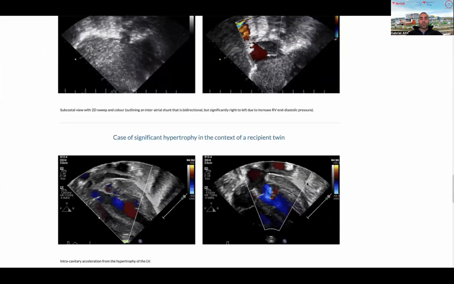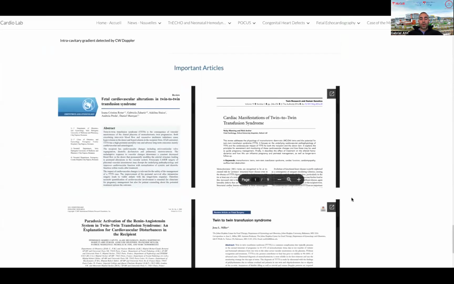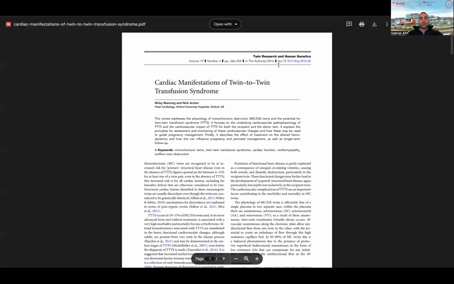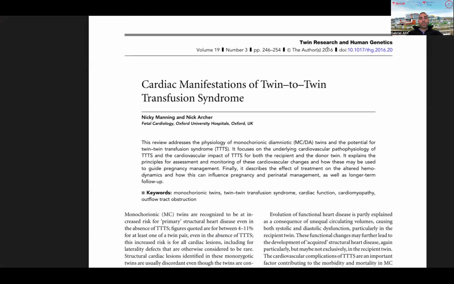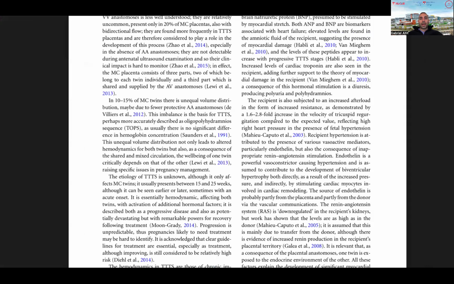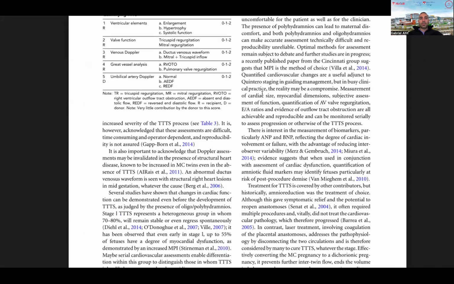And there are some really wonderful articles related to the TTTS effect on the heart, one of them by Nikki Manning and Nick Archer, which is from 2016 but still very accurate. And within it, they provide a great overview and review of some of the changes that we may see in some of these patients.